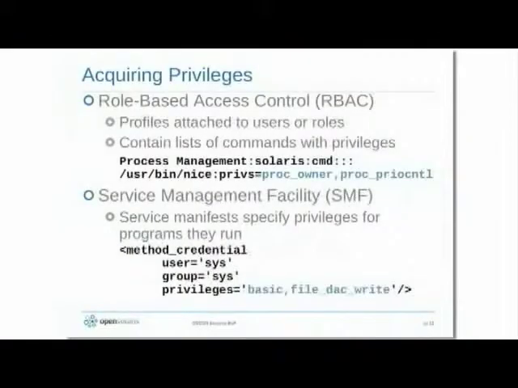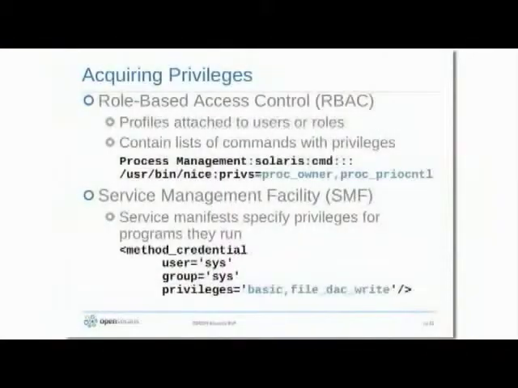So next slide talks about how a process acquires privilege, and really there are two main ways. The role-based access control, or RBAC system, consists of profiles that can be associated with users or roles, and these profiles have lists of commands and specify the privileges that those commands should run with.